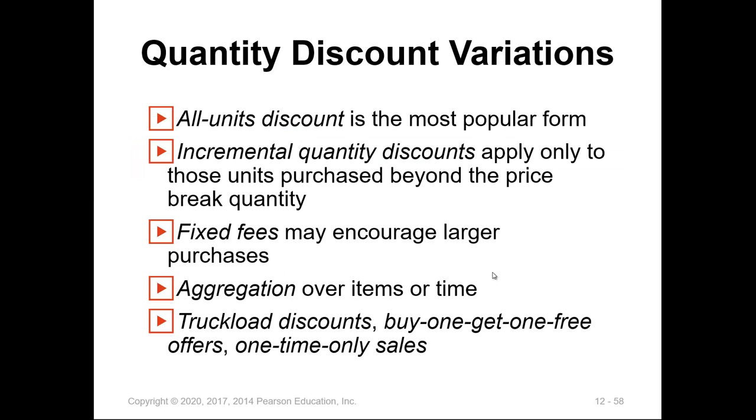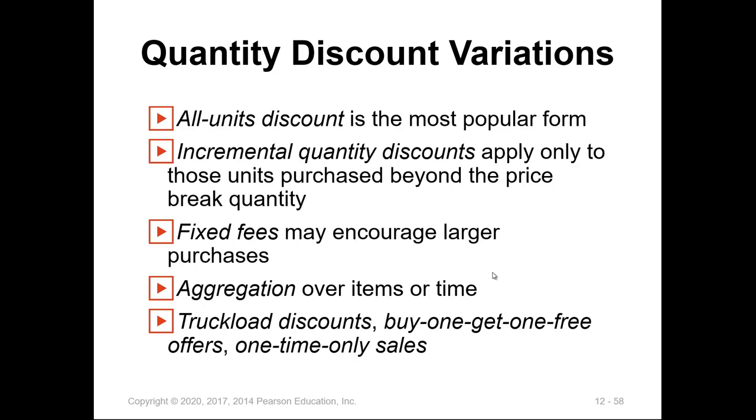What we discussed was the most popular form of a single purchase quantity discount, called the all units discount. In practice, quantity discounts appear in a variety of forms. For example, incremental quantity discounts apply only to those units purchased beyond the price break quantity rather than to all units.